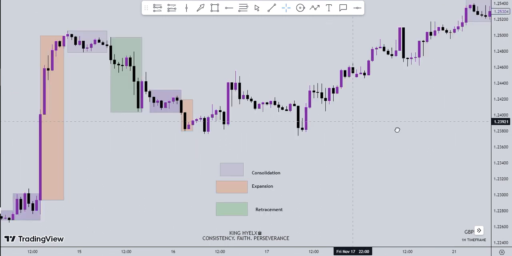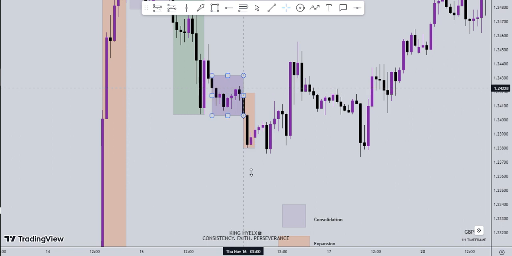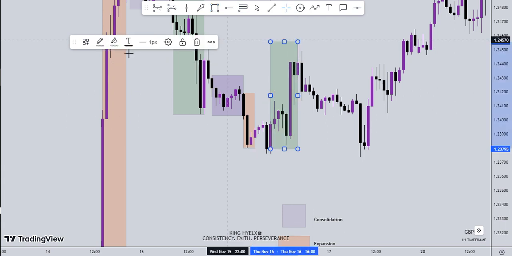So over here we clearly see a consolidation. We see an expansion away from our level of consolidation, right? And then what do we see over here? We see that instead of retracing into this range and continuing going, what do we now see? We see a reversal.